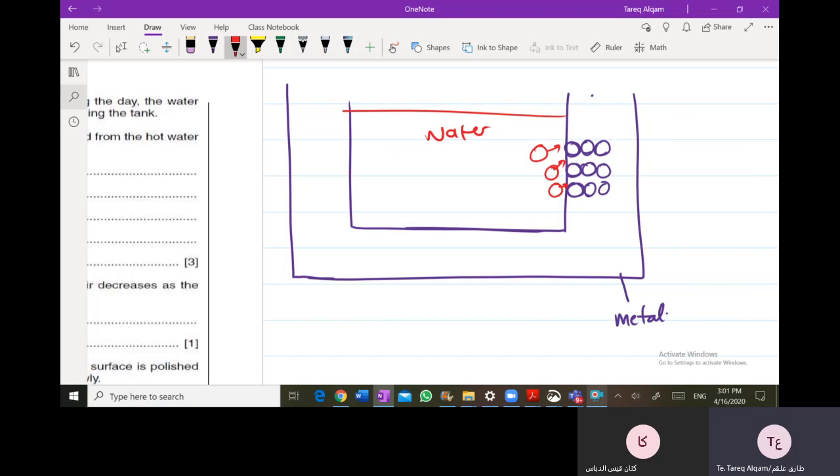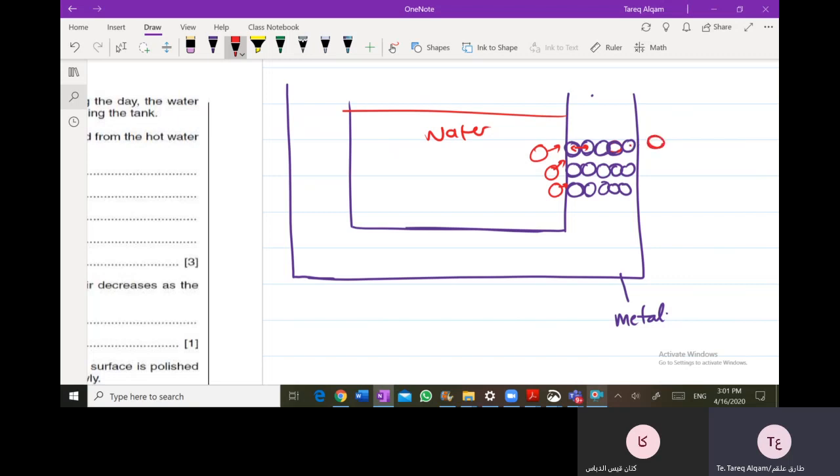As a result of this collision, they lose some of their kinetic energy, and the metal atoms will gain this kinetic energy and vibrate faster. As they vibrate faster, the neighboring atoms will also vibrate faster as well.